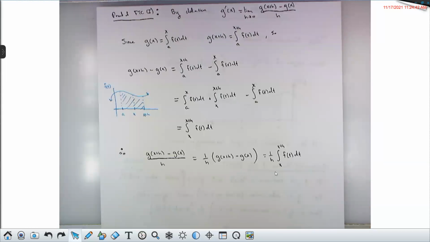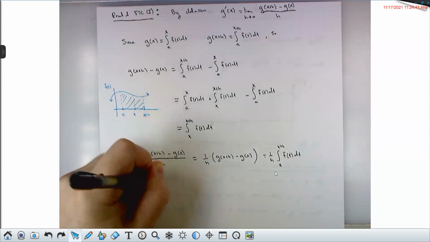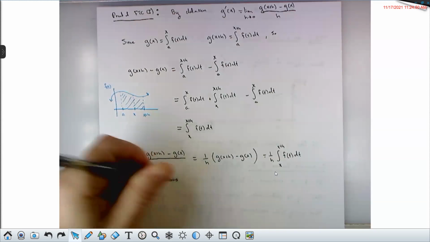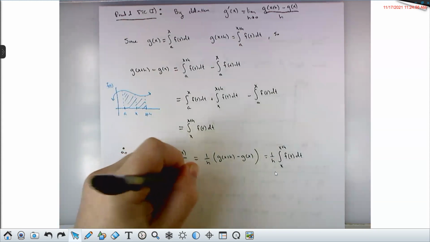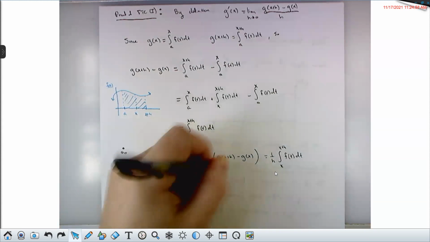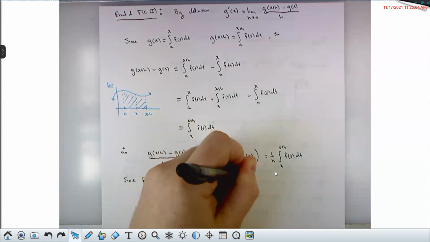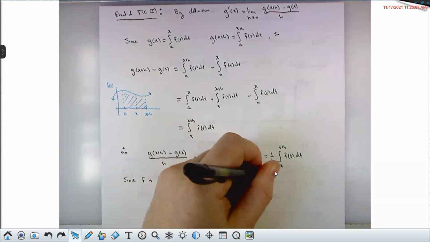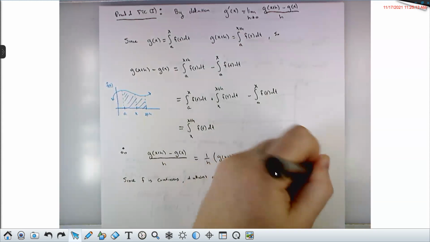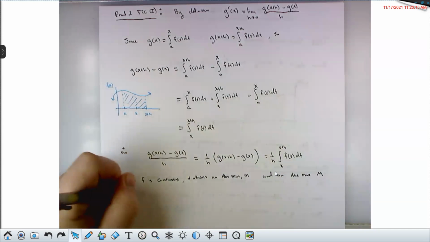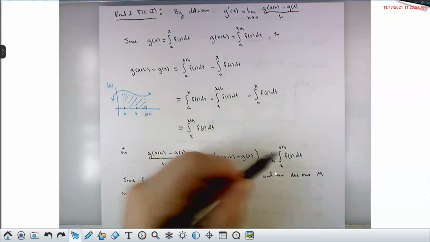So let's say it like this. Since little f is continuous, it attains an absolute min, little m, and an absolute max, big M, on the interval x to x plus h.